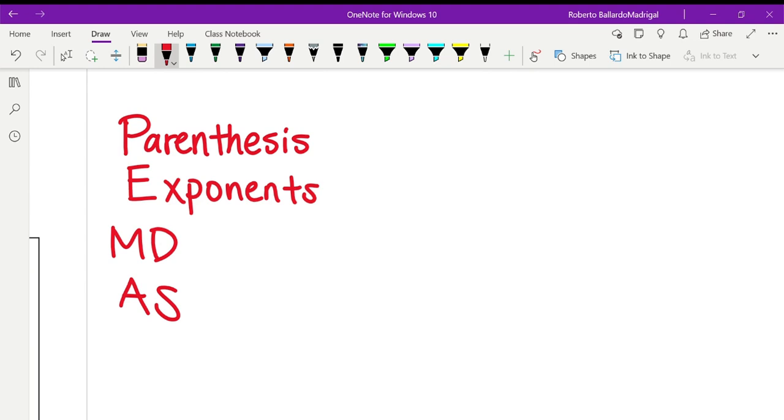So oftentimes you won't have parentheses and you won't have exponents, so you can just move on to M and D, both of which stand for the following. M stands for multiplication. And D stands for division.